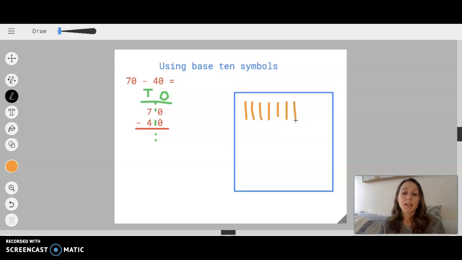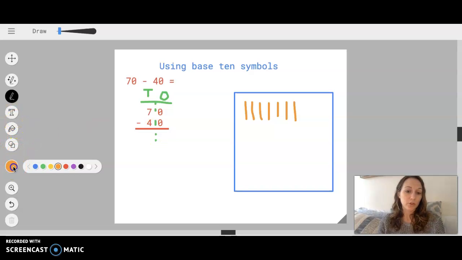All right. Now that we have our first number, we need to figure out what we need to subtract from 70. Our problem reads 70 minus 40, and we have to figure out what is left over, or what is the difference. We can do this by crossing out, or you could erase.